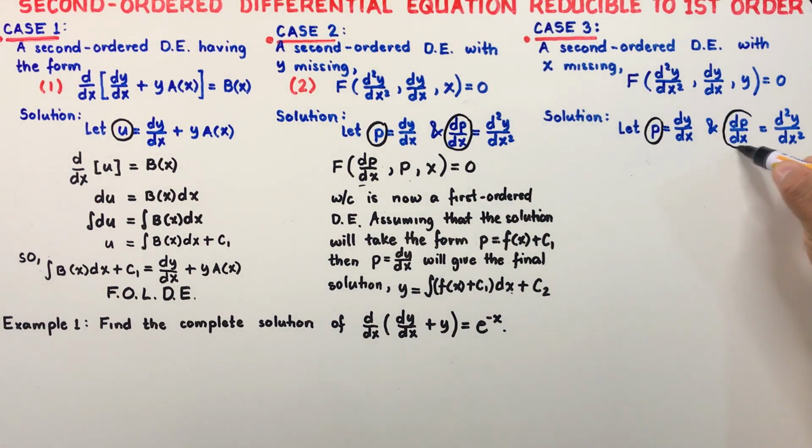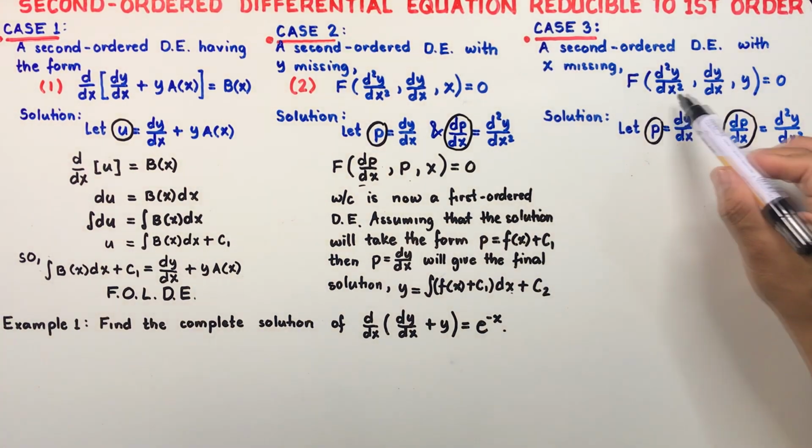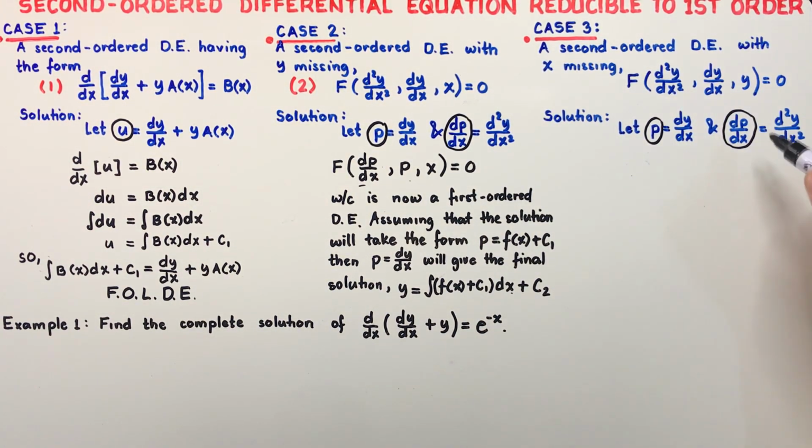But there is a little problem here, because we know that p is not in terms of x, because in the equation there is no x. So how can you get the derivative of p with respect to x? In this case, we will now apply the notion of the chain rule.